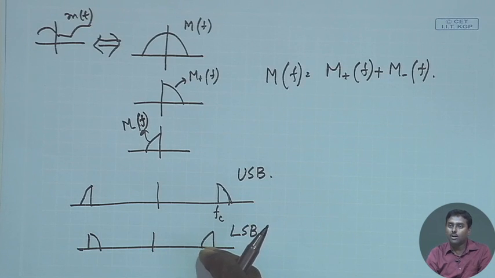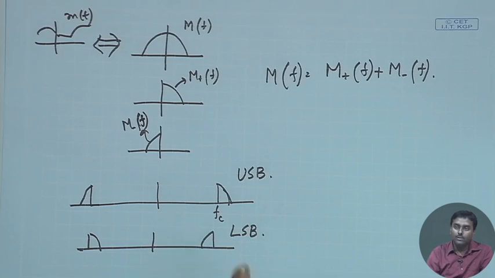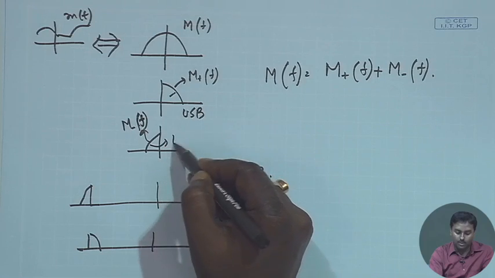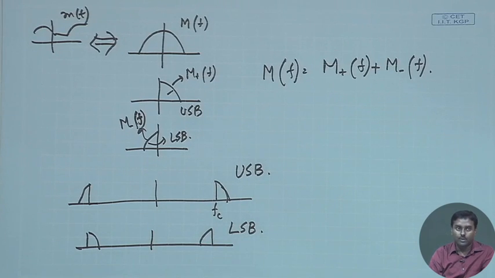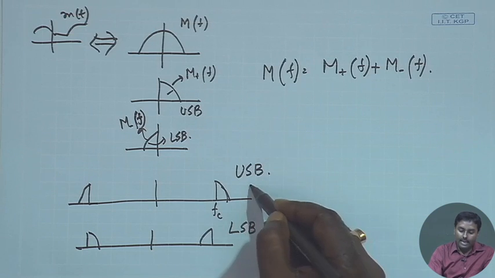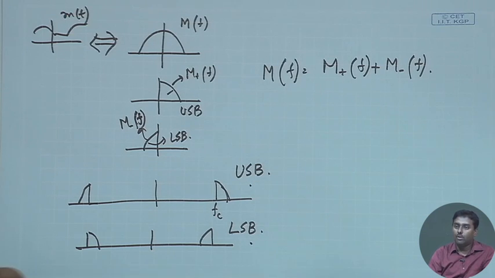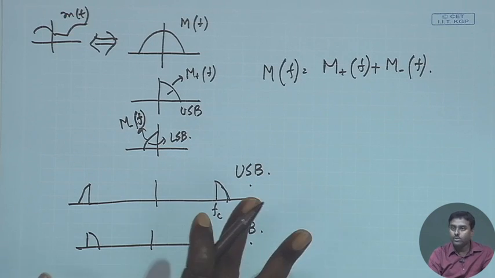That is why this is called the lower sideband, and where you are at the positive half, you are actually transmitting the upper sideband, because there are two sidebands. So at the positive half of the frequency, I am transmitting either the upper sideband or the lower sideband. Any of these two are valid modulation, if I can do this modulation.